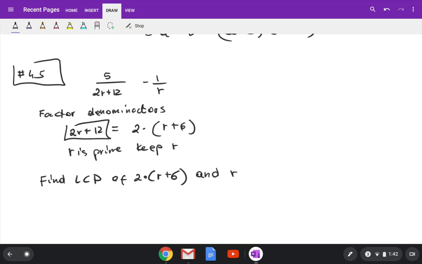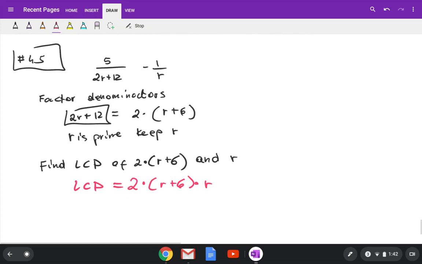Okay, so your LCD is going to be each factor. So we're going to have a 2 times r plus 6 times r. Since all of them are unique, you're going to multiply them together.